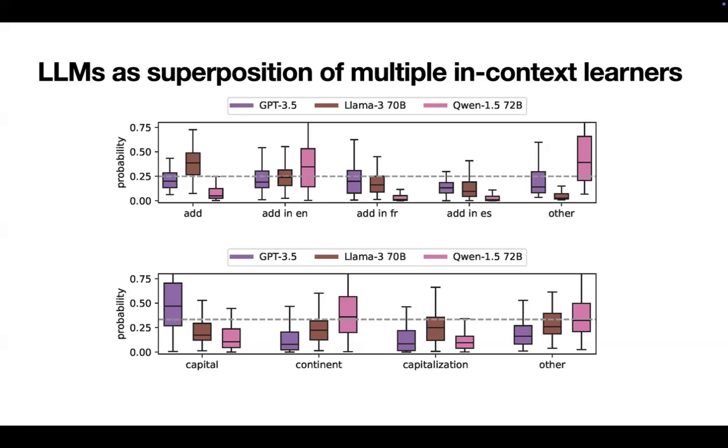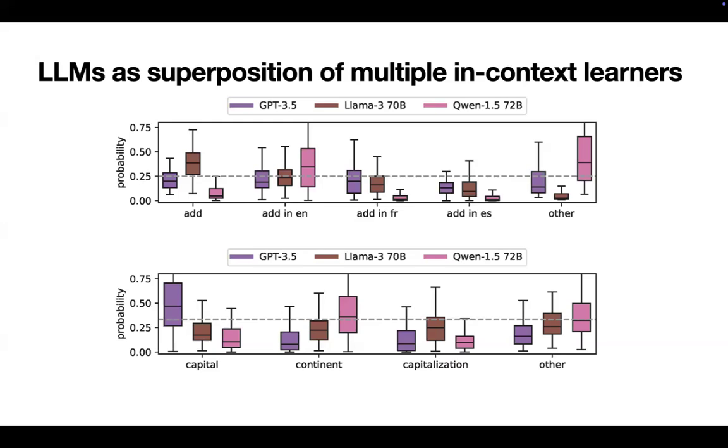If we only see the median of the probabilities, we can see that, except for addition in French for Q1 and addition in Spanish for this model, the other models have a median that is non-negligible, meaning that it is greater than or equal to 10%.